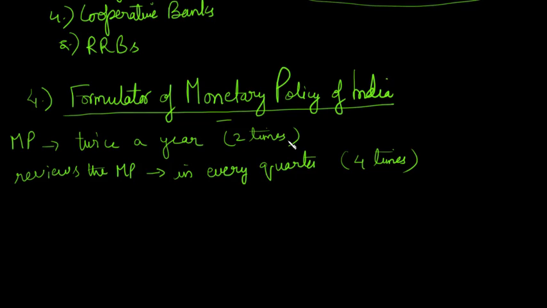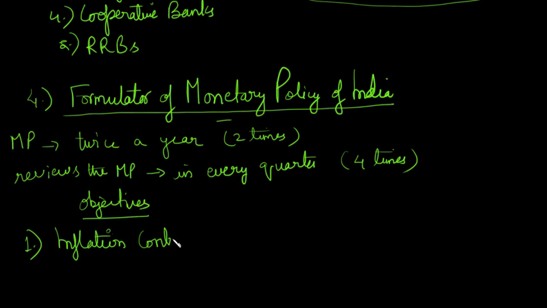So what is the main objective of monetary policy? Objectives of monetary policy are: first, inflation control. What is inflation? Inflation is nothing but the general increase of price with respect to the previous year.